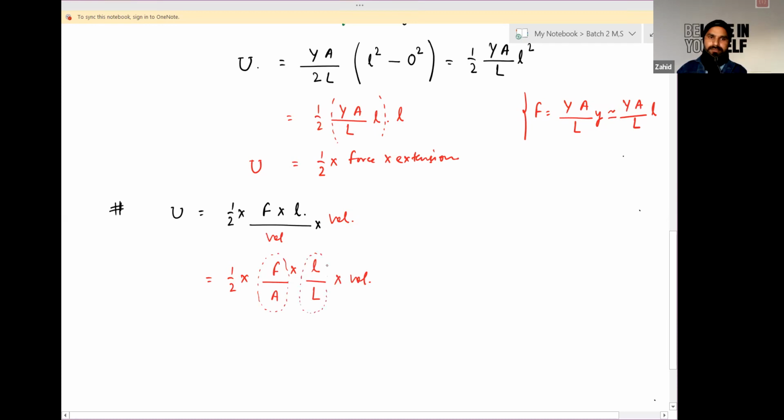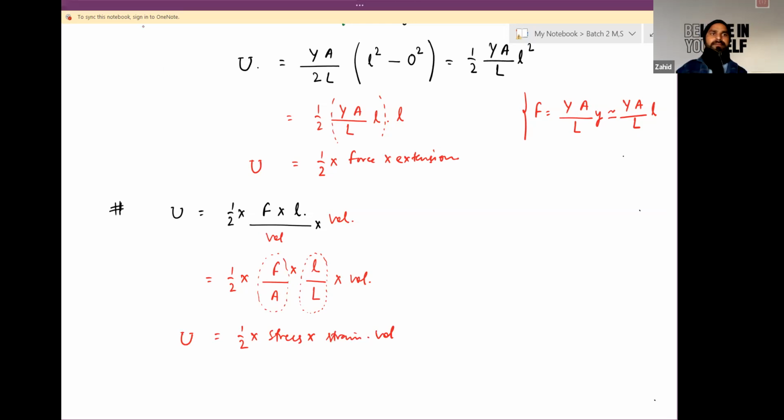And the second term, change in length to the original length, is called strain. So this will be half times stress into strain times volume equals potential energy stored. Is it clear? Yes, sir.